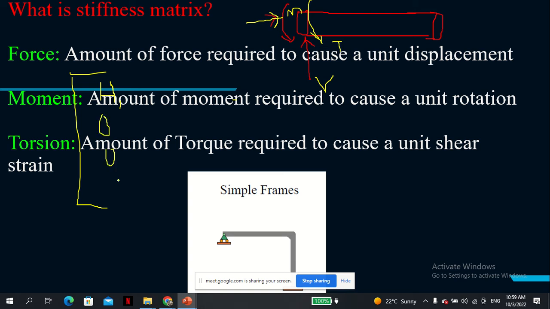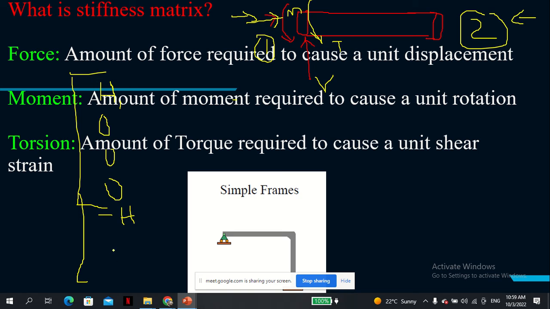So 0, 0. It will be 8 because this is 4. The first end we have 4, and the second end there are 4 as well, the same but in the opposite direction. So 1, 2, 3, 4. Then at the fifth one, I believe we'll have negative H, because this would go like this. On the other end, it's the opposite. So 0 and again 3 zeros.